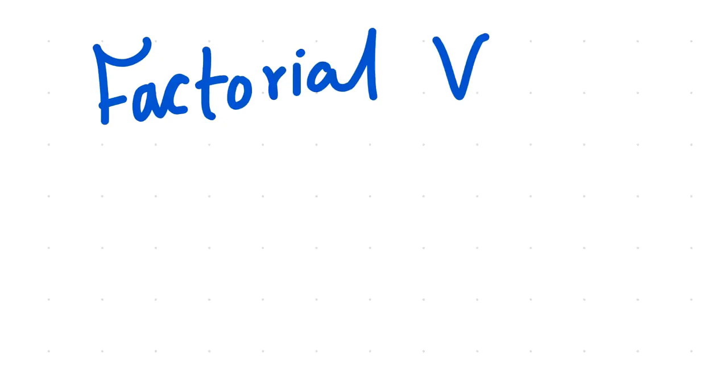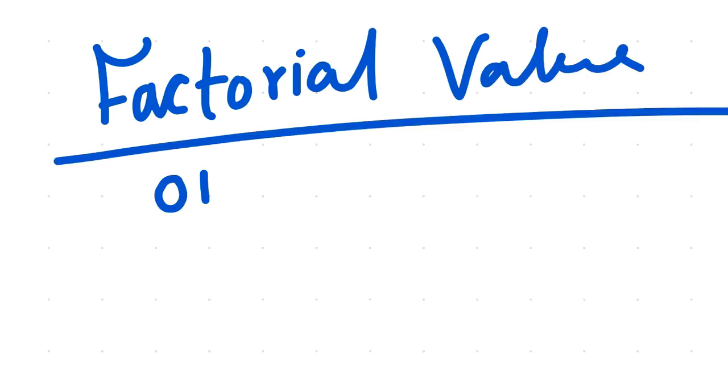See, first of all you need to know the factorial value. Yes, ma'am. You tell me the factorial value. Yeah, I told you yesterday about factorial value also. Yes, ma'am, I know factorials. This exclamation mark is the symbol. Factorial 0 is equal to 1.